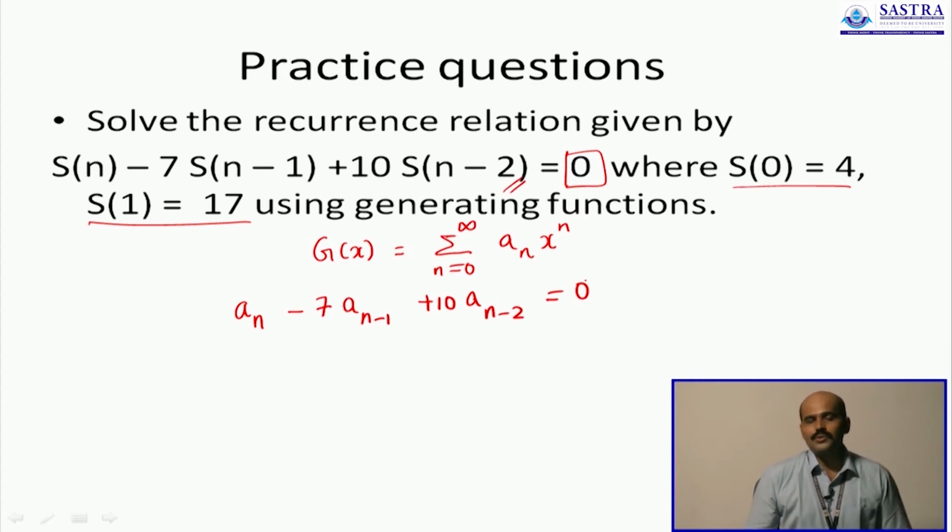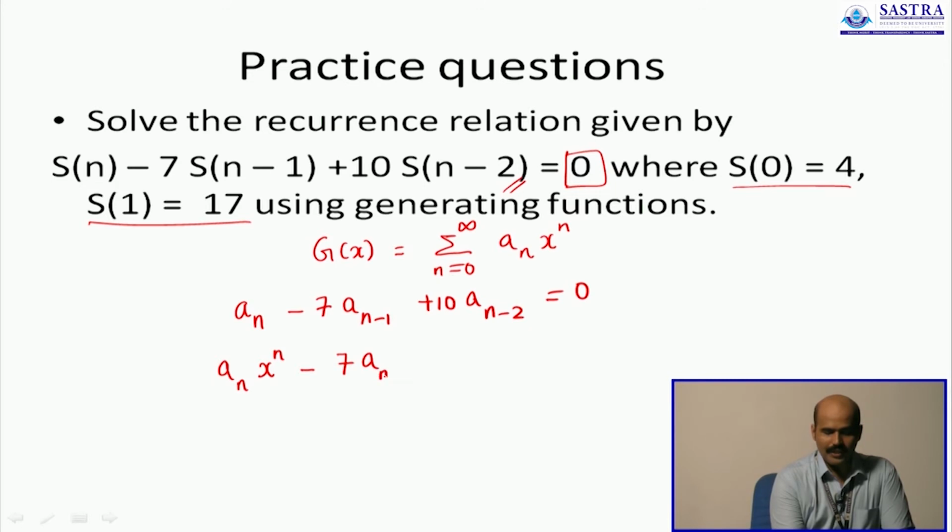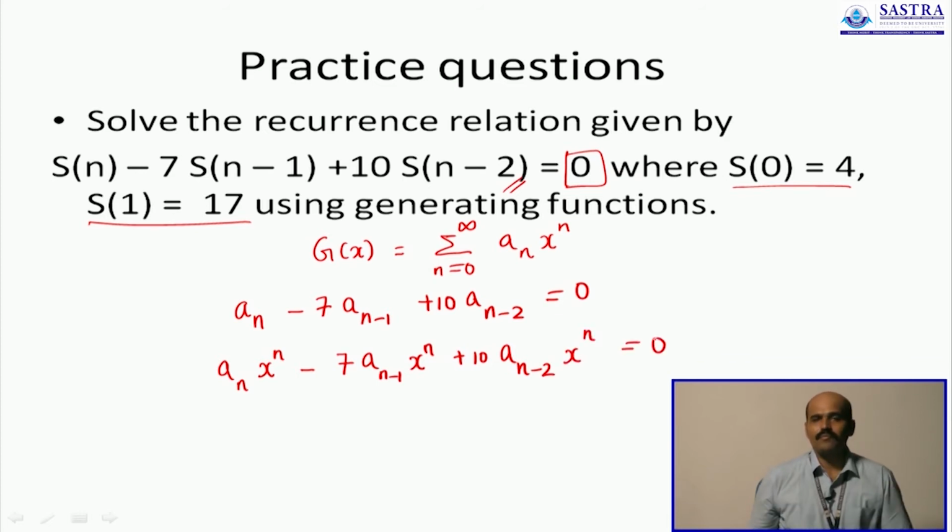To solve this using generating functions, we will multiply throughout by x power n and do a uniform summation. So let us first multiply this: an x raised to n minus 7 an minus 1 x raised to n plus 10 an minus 2 x raised to n, all of them giving 0.